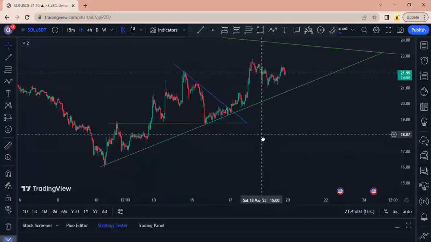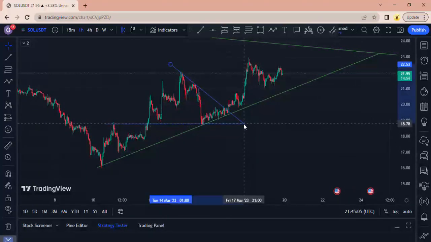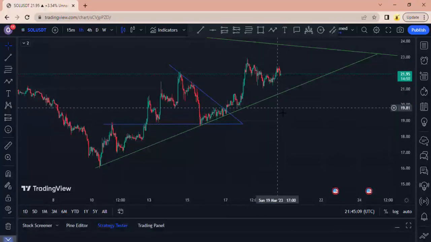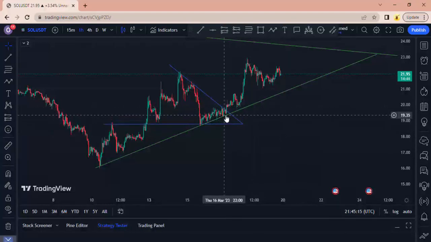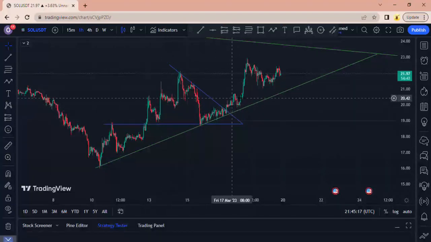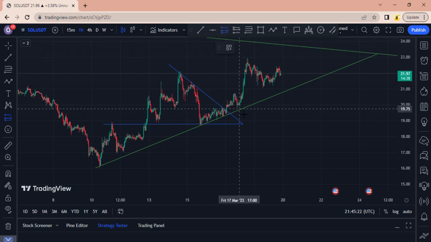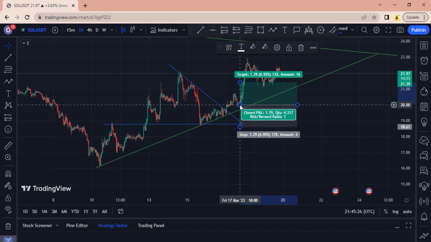And then I was also looking at price breaking out of this blue triangle. So after the breakout we had a pullback, and then we just take our entry, right? You can take it anywhere. So I took it right here.